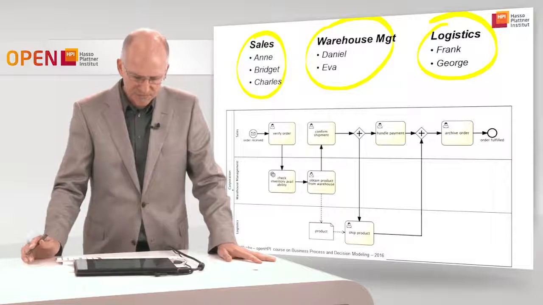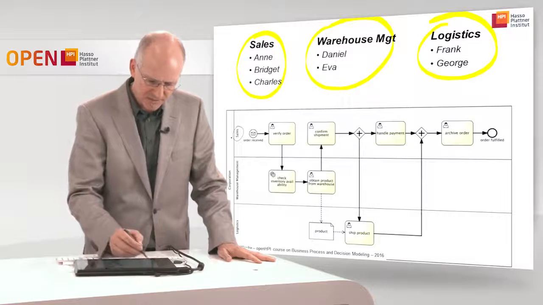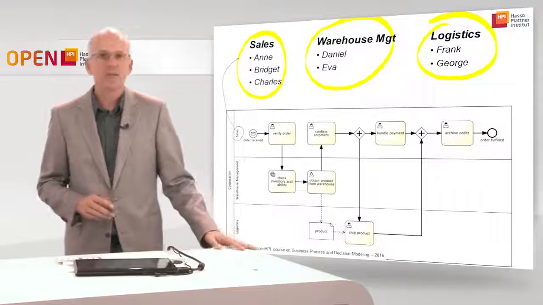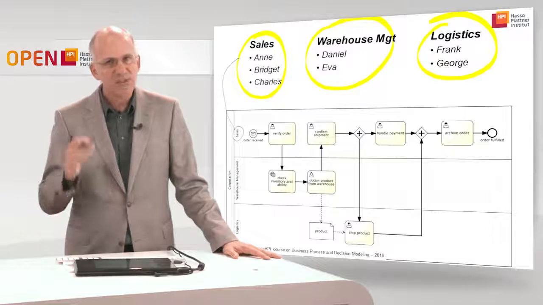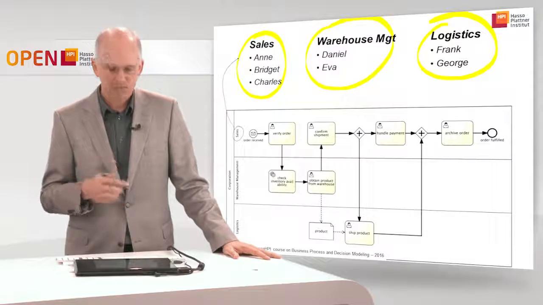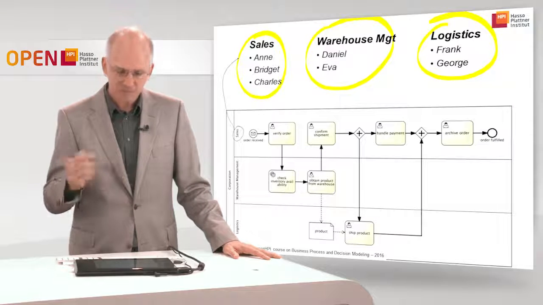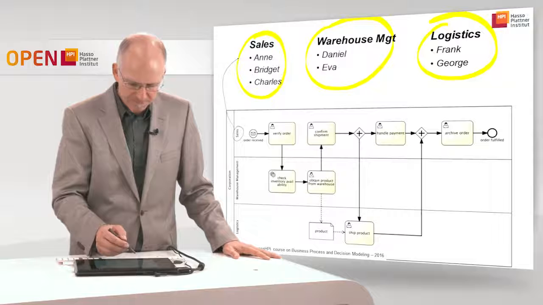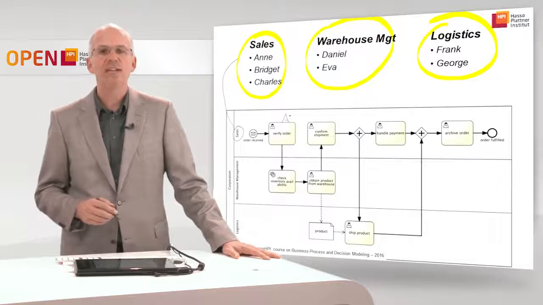Verify order is an activity that is conducted by sales, so we need to look at the sales resources. There are three employees having this role, so to speak. And then, for instance, we select Anne. There are different ways of allocating these resources.